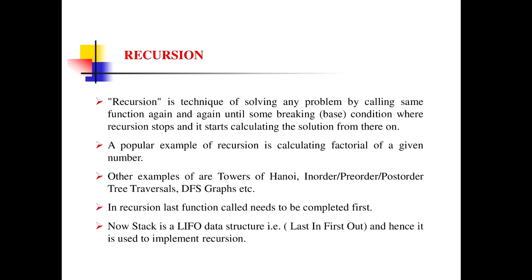A popular example of recursion is calculation of factorial of a given number. Some other examples are towers of Hanoi, in-order, pre-order, post-order tree traversals, DFS graph, which topics we will see later in the next units.